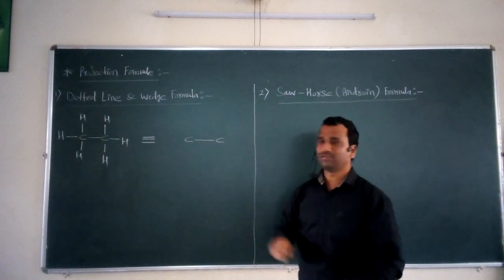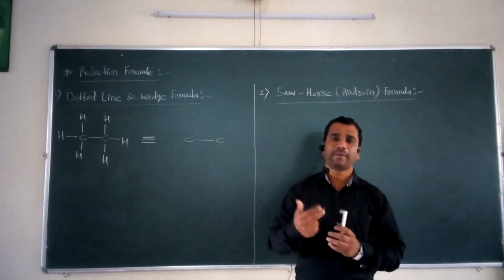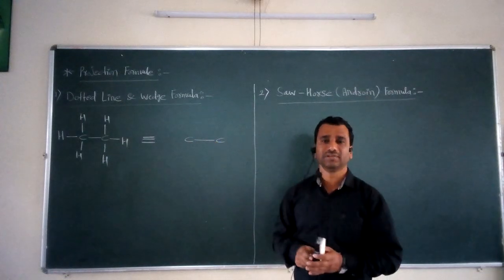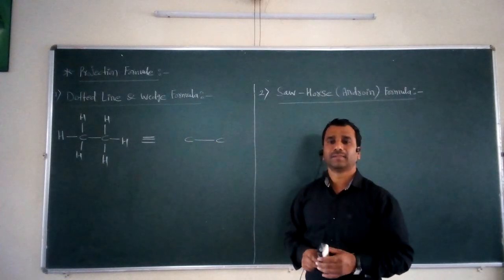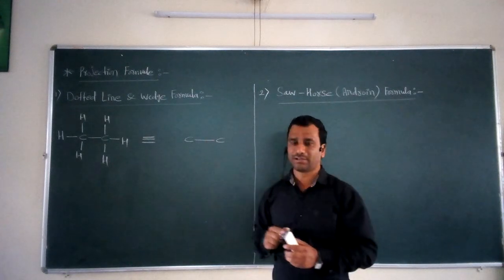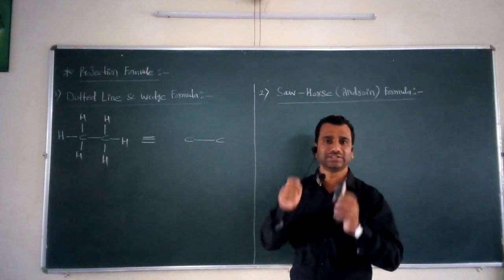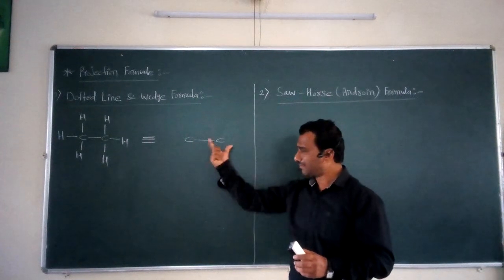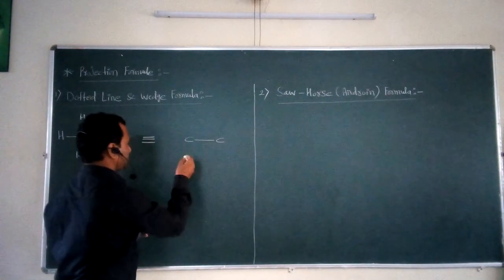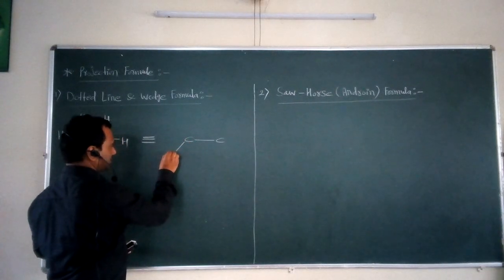After considering this carbon single bond carbon, we have to take the two sigma bonds between carbon and hydrogen which are present within the same plane in which this carbon single bond carbon is present, and for this purpose we take two hydrogens and we can show the two hydrogens like this.